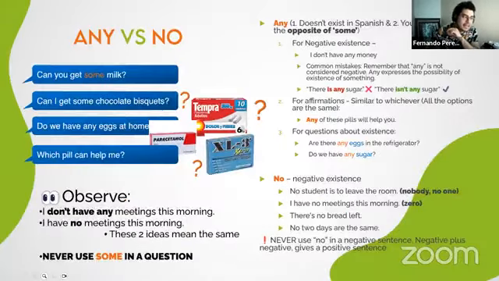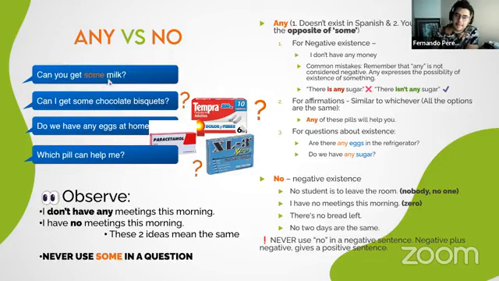We usually think that any is negative, and that is incorrect. Technically, well, partially incorrect. Look at these examples that we have here.